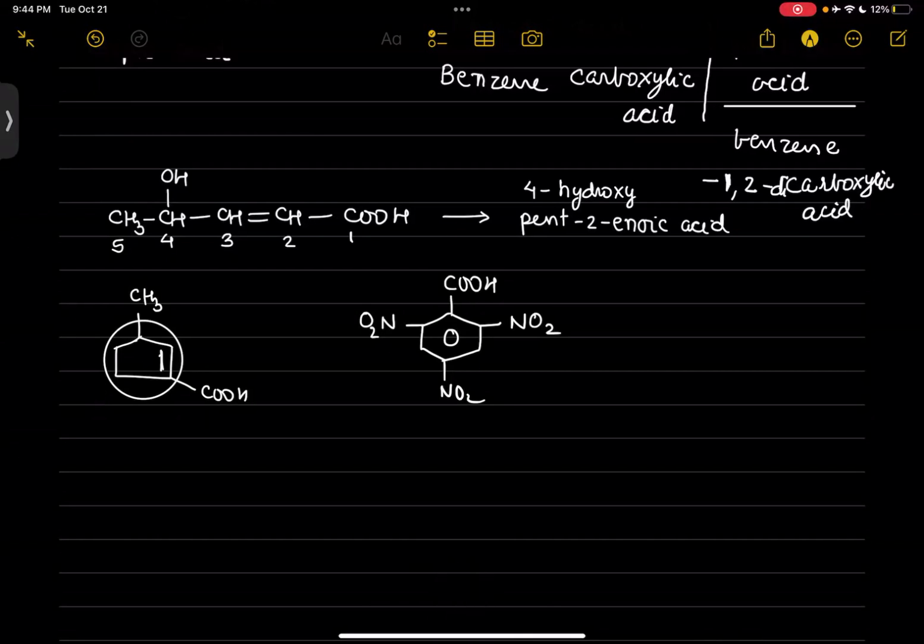So, cyclopent. From where should I start the numbering? From the principal functional group, carboxylic acid, right? But don't count that COOH carbon. Numbering should be done either on the cyclic ring or on the outside linear chain; any one you can adopt.